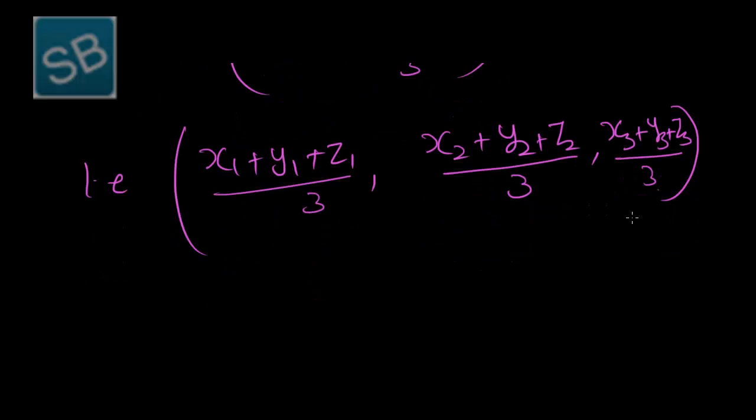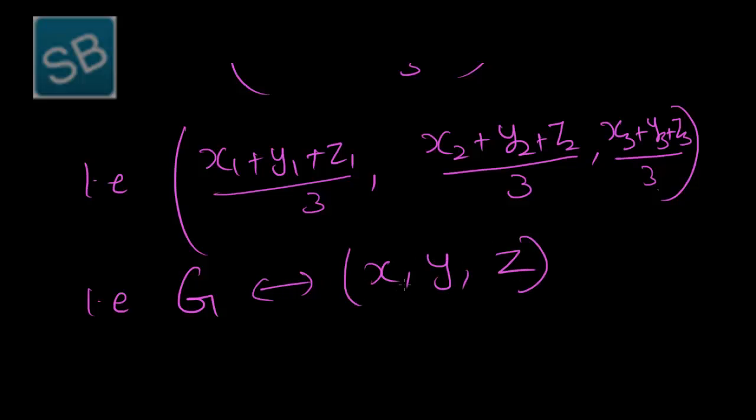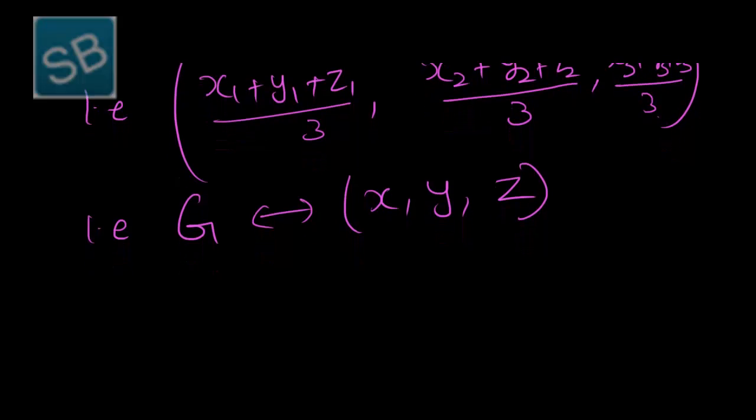That gives the coordinates of vector G with components x, y and z, where x is x1 plus y1 plus z1 over 3, y is x2 plus y2 plus z2 over 3, and z is x3 plus y3 plus z3 over 3. That is, there is a symmetry in the x1, y1, z1 coordinates.